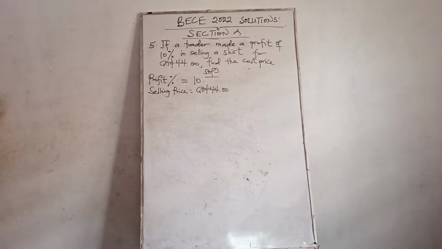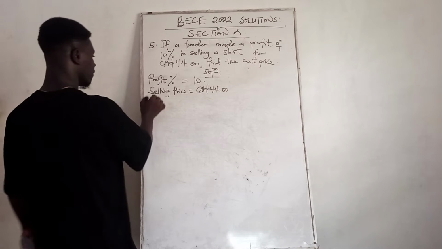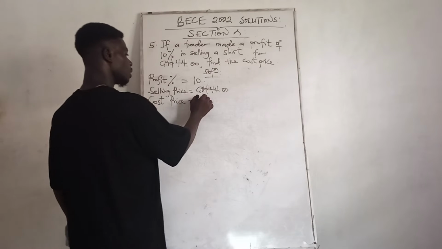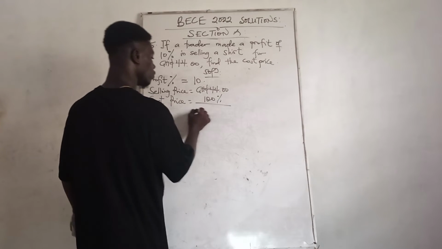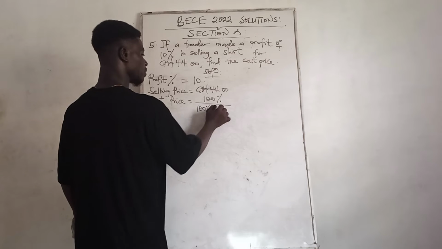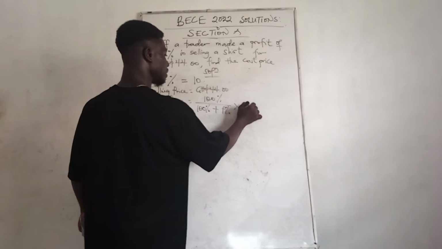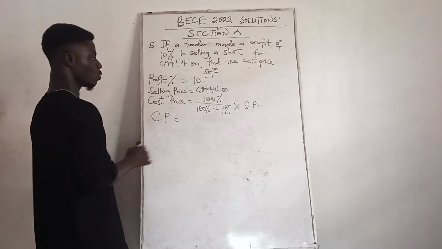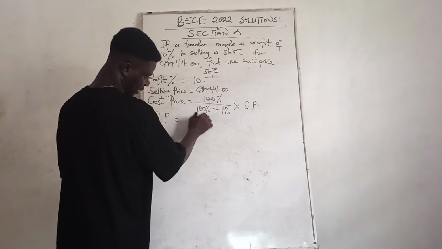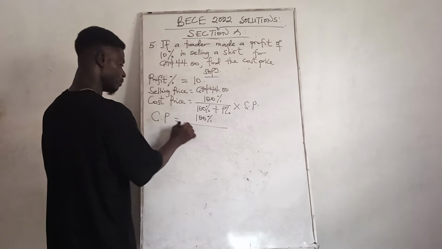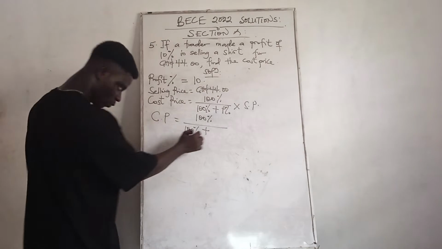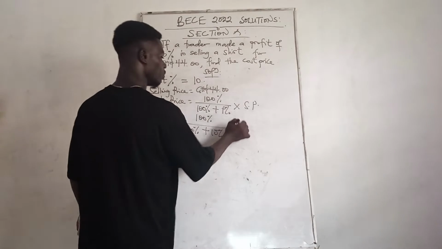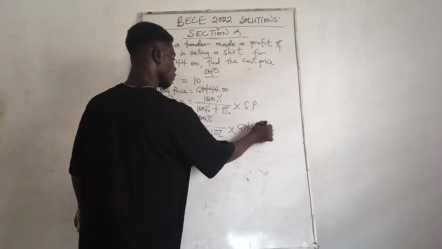I'm finding the cost price, which must be equal to 100% all on 100% plus my profit percent, then times my selling price. So my cost price is equal to 100 over 100 plus 10%, times my selling price, which is 44 Ghana cedis.